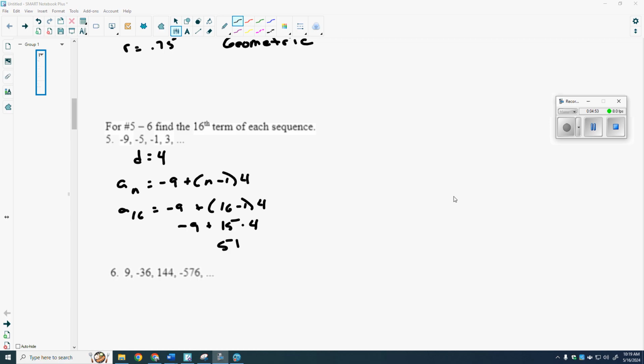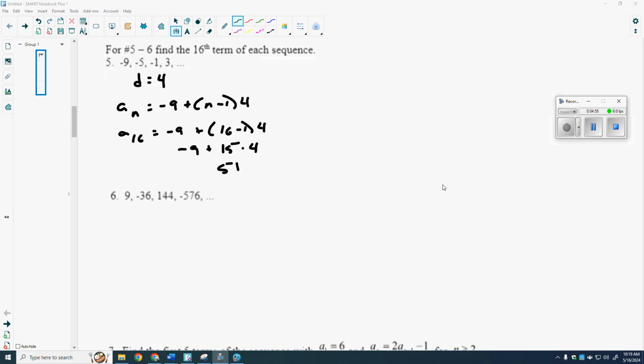All right, question 6. Again, first question, arithmetic or geometric? When I look at my terms, I get negative 36 divided by 9, which is negative 4. 144 divided by negative 36 is negative 4. And so my r value is negative 4.